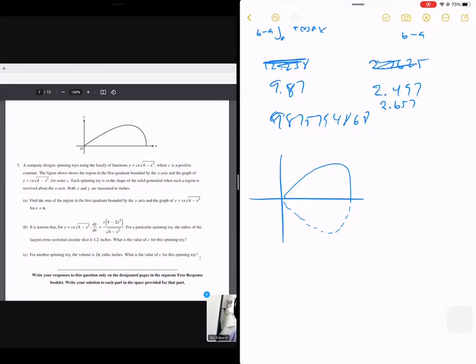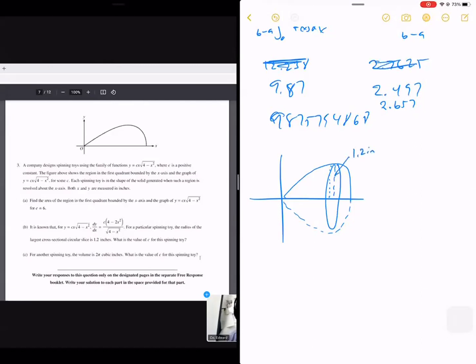Got it. So it is known that for y is equal to this function, the derivative is this. For a particular spinning toy, the radius of the largest cross-sectional circular slice is 1.2 inches.